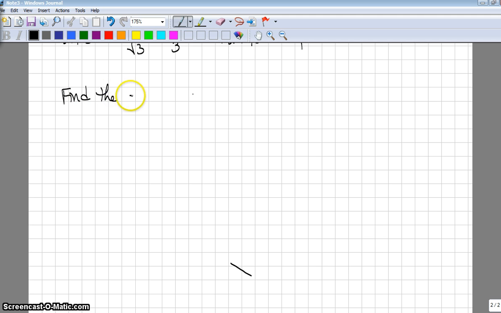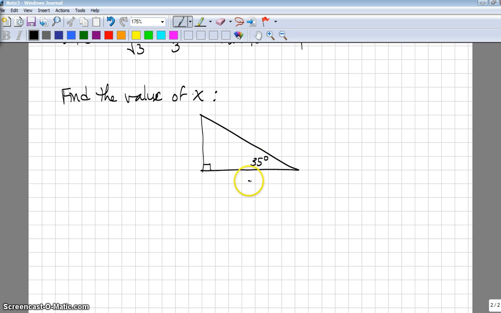a missing side of a right triangle if we're given one of the angles. I'm going to make a triangle here. So let's say we have a 35-degree angle here, and it's a right triangle. So let's say we're given one of the acute angles, and we're given the hypotenuse, and we want to find one of the legs.